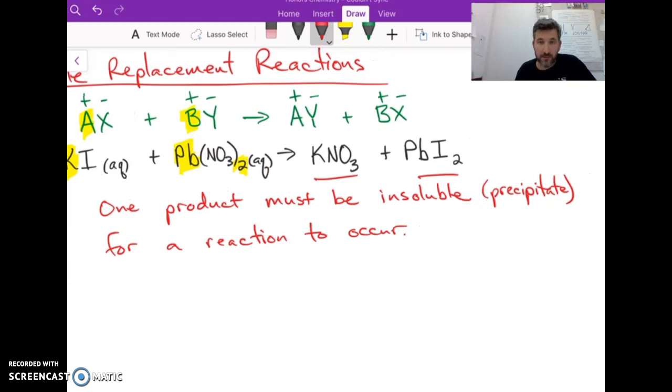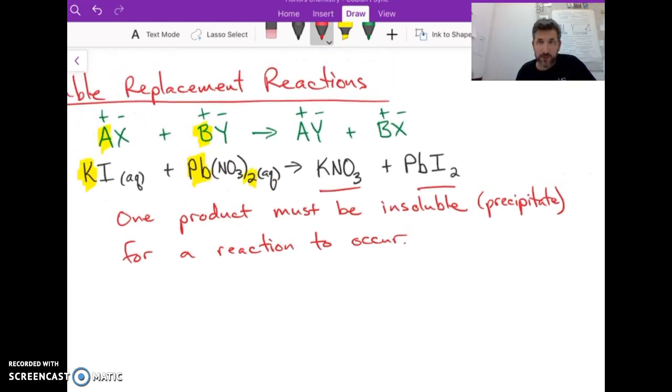So otherwise, if neither would be insoluble, if they're both soluble, if they're both going to end up being aqueous, just like the reactants were, then we haven't done a reaction. Okay? So let's go ahead and take a look here.